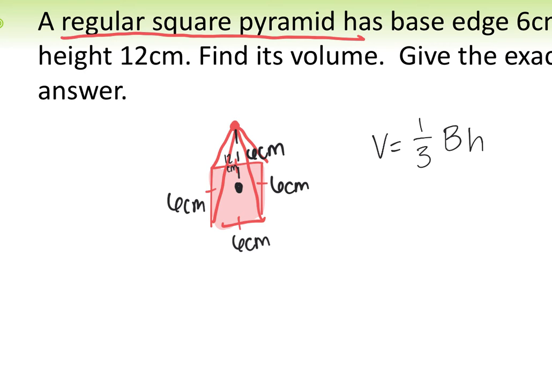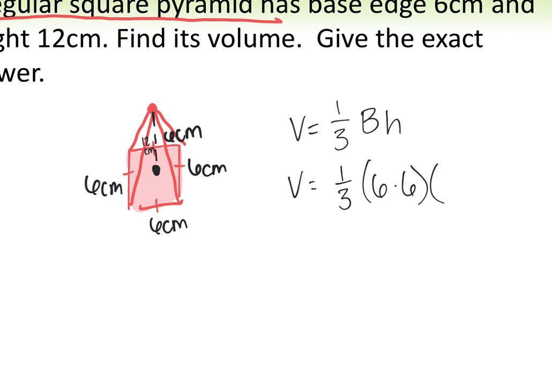So how do you find the area of a square? 6 times 6, right? The length times the width. So we're going to get volume equals 1/3, 6 times 6, and then multiply it by the height. What was the height? 12. So our volume is 1/3 times 6 times 6 times 12.